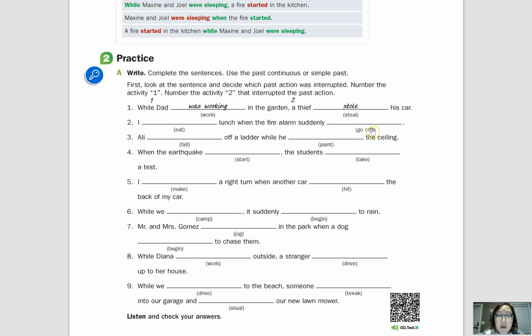Okay, and if you remember, go off means to make a sudden sound. So alarms can go off. Let's see, what else? Your phone can go off if somebody calls you. And then eating is the ongoing activity. So we can say, I was eating lunch when the fire alarm suddenly went off.